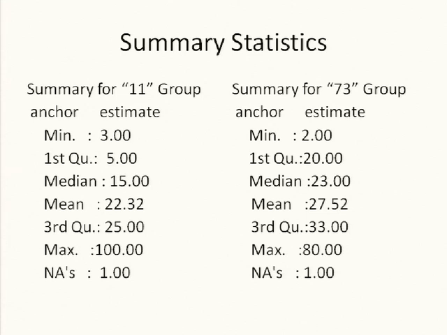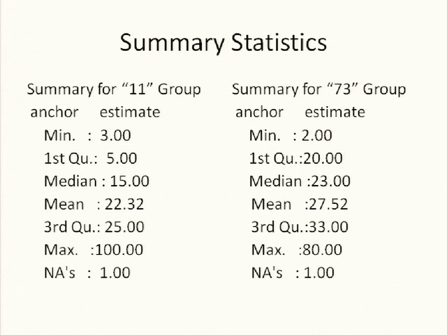What happens if you look at the mean? The mean in the 11 group is 22, and the mean in the 73 group is 27. So that's not quite as dramatic. And why is that again? It's because of what we said before. There are those numbers, like hundreds and 90s, which really don't make sense.